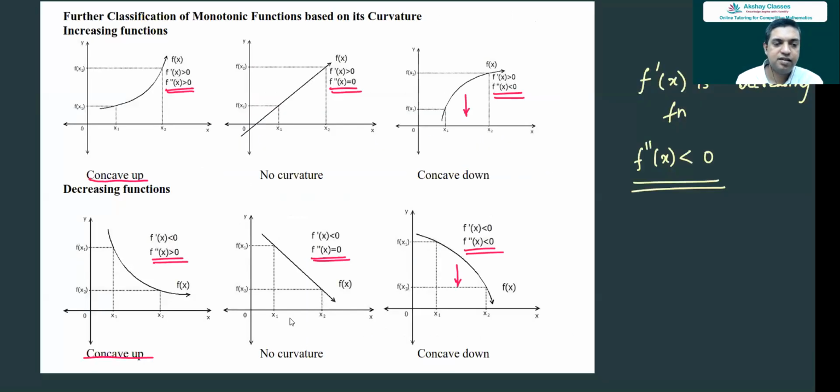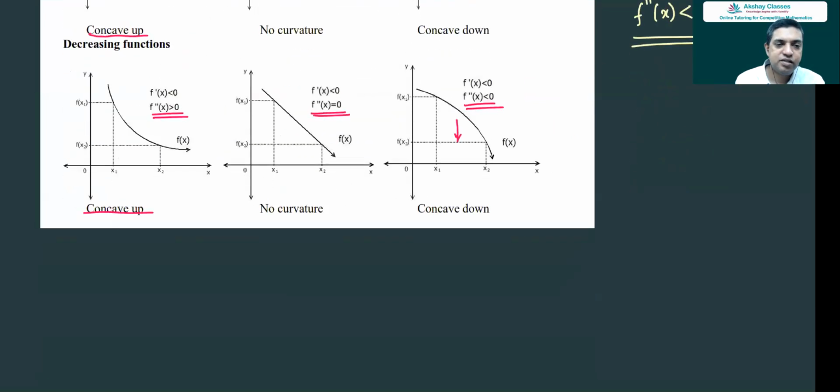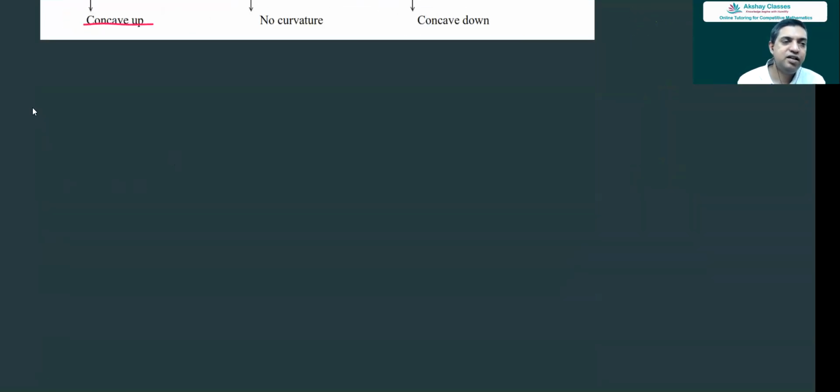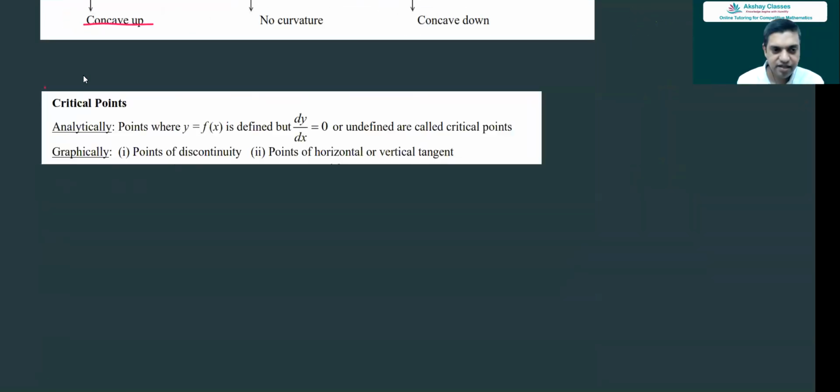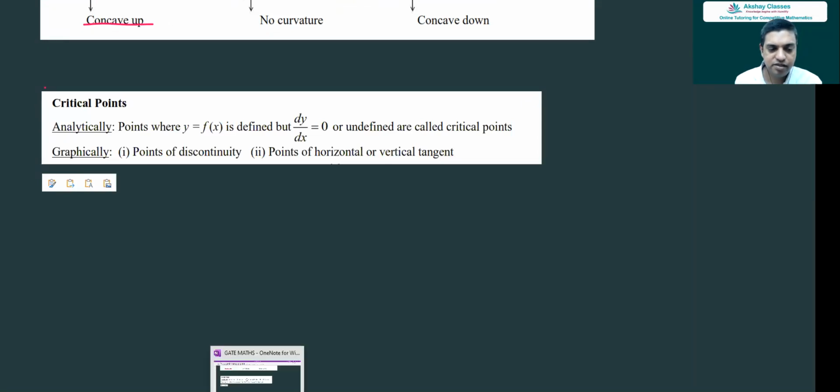Now next, our target is to find maximum and minimum. So for that, once we have studied monotonicity, now we study what are called the critical points in the domain.